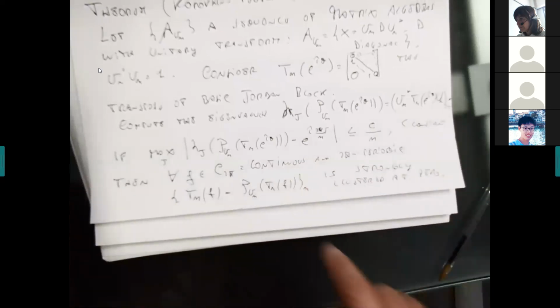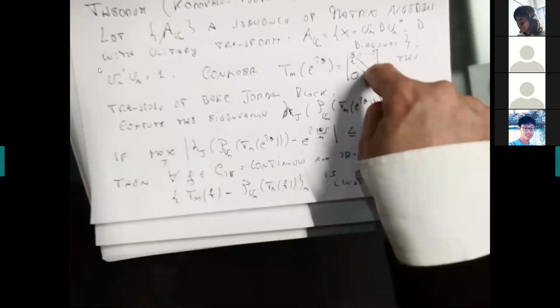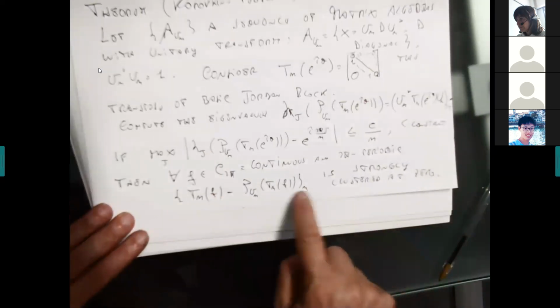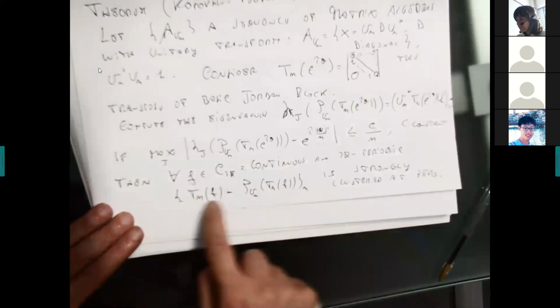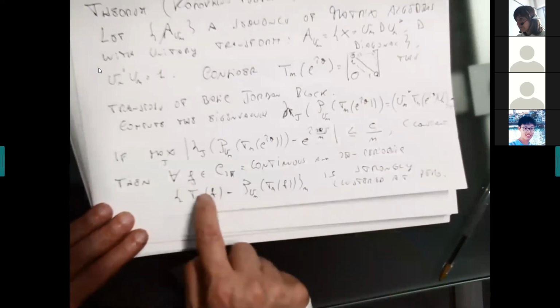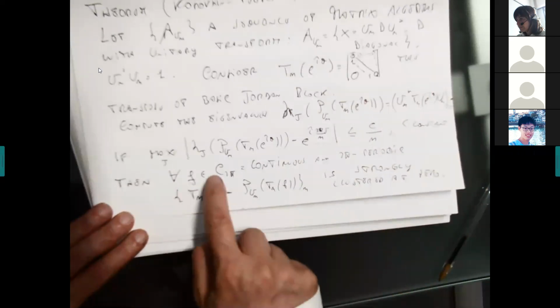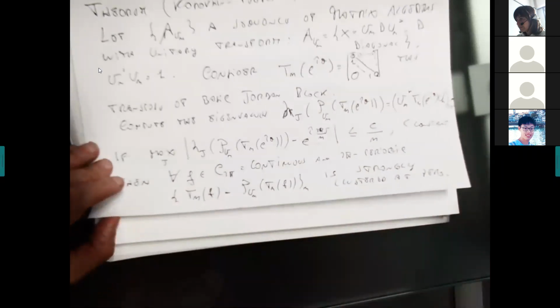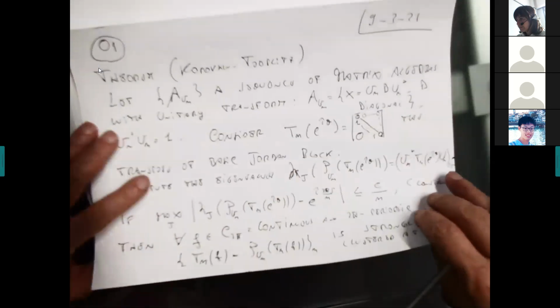Okay, so if you make a check on one stupid matrix, you have a consequence for a huge set of Toeplitz matrices generated by functions which are continuous and 2 pi periodic. So it is really in the style of Korovkin.